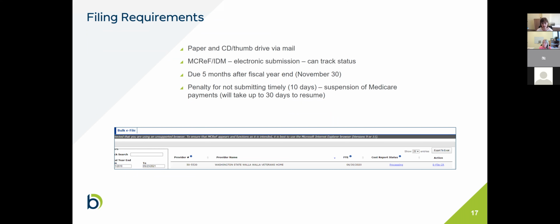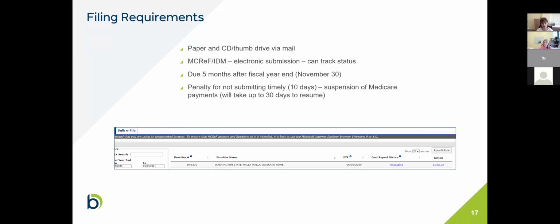It's an electronic submission, and on this slide, you can see a snippet of submission through Medicare e-file. And what's really great about this tool, you do not need to rely on mail options, which at this time may be a little tricky with the mail deliveries not always being timely, but you can upload all your files.